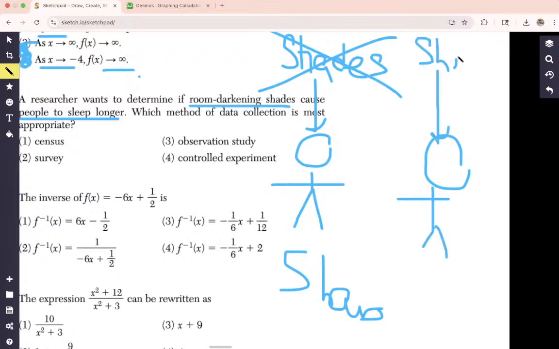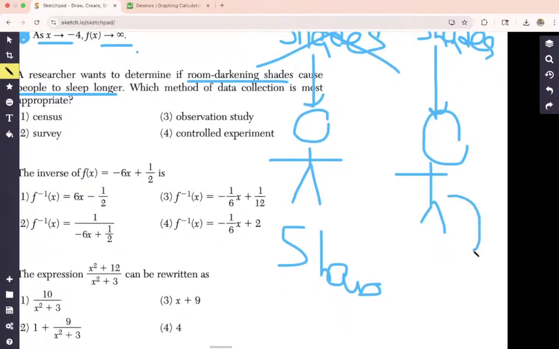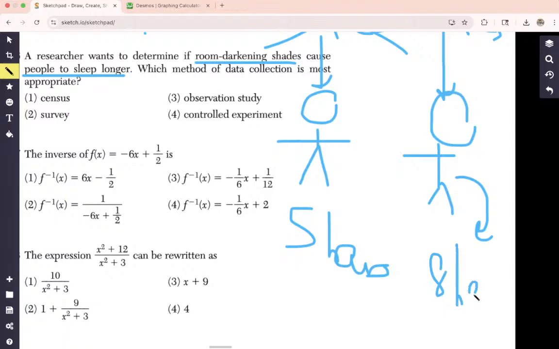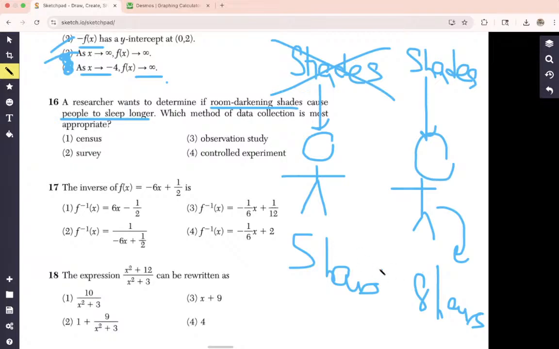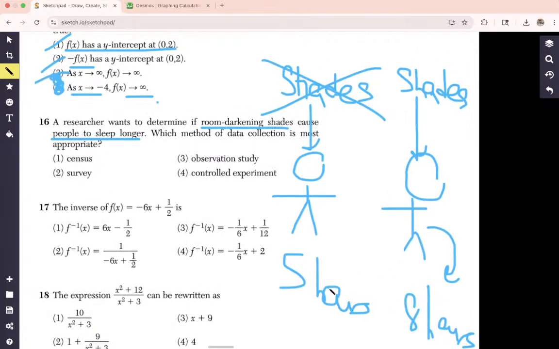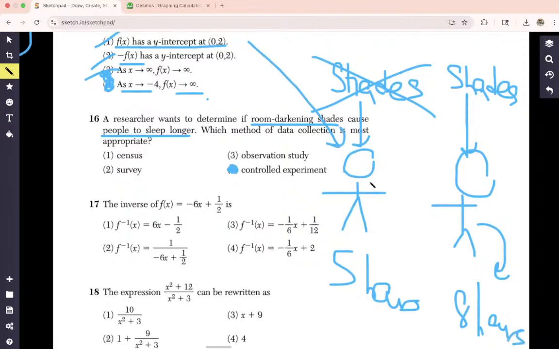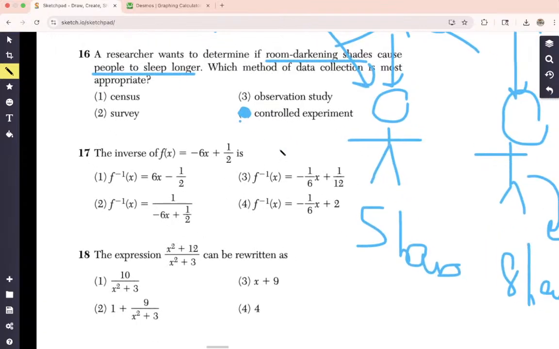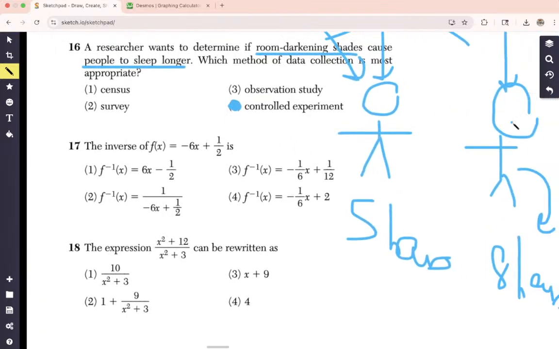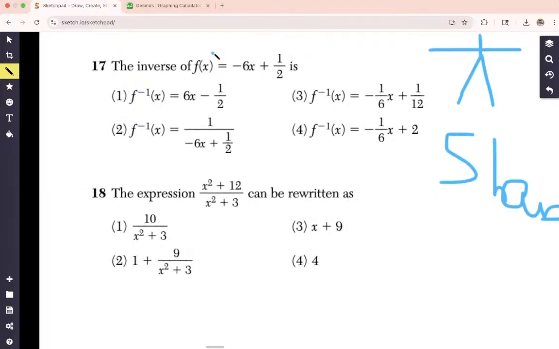Let's just say the result for this one is 8 hours, then I know that the shades have an effect, or at least some sort of correlation between these two variables. So this looks like an experiment where you have a control, which is basically the group that is not affected, and then you have the person undergoing the test, our test subject, our lab rats, pretty much.